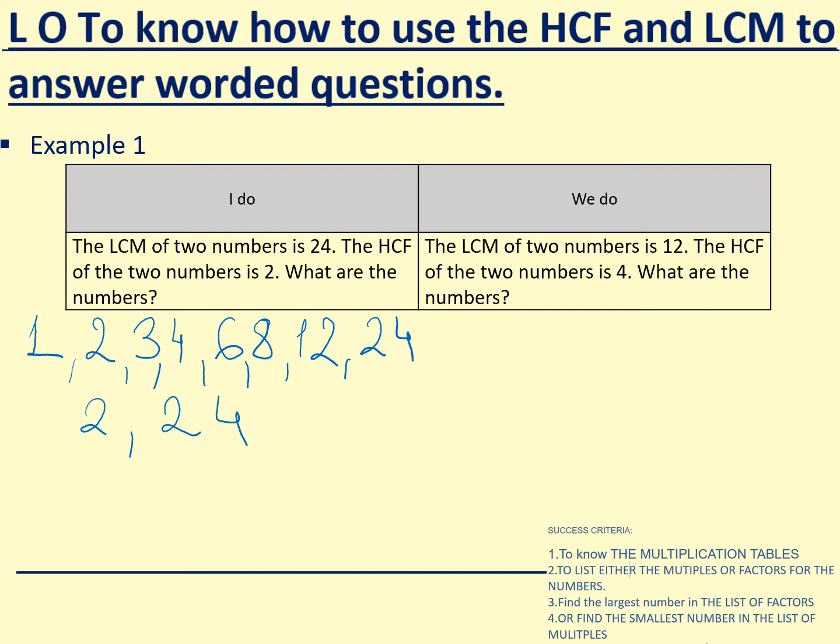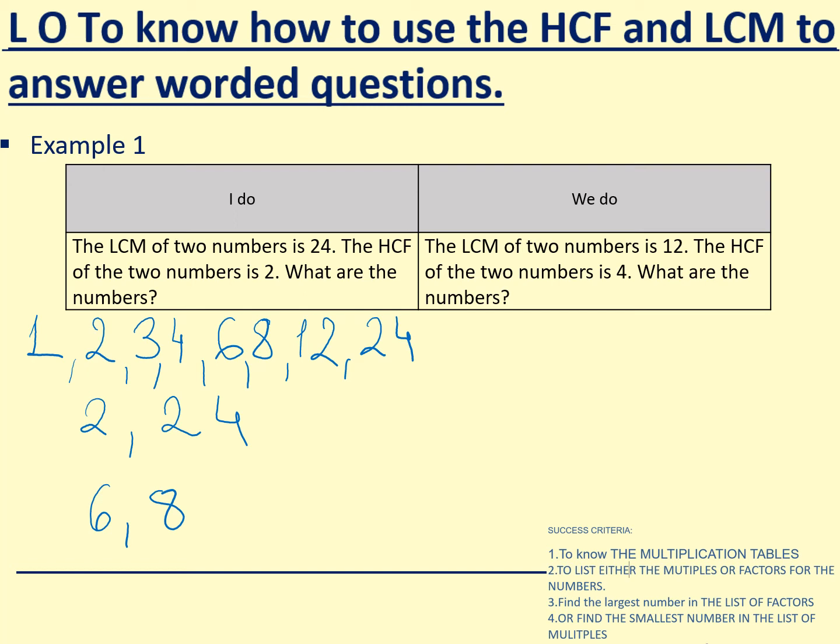Lowest common multiple 24, highest common factor is 2. So we pick numbers which only share factor of 2. So 2 and 24 is one of such pairs. Another one might be 6 and 8.